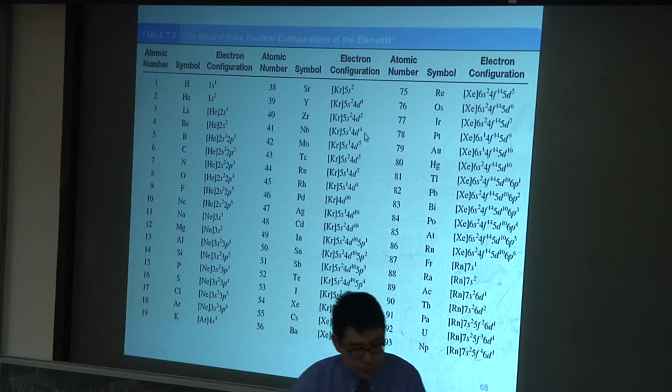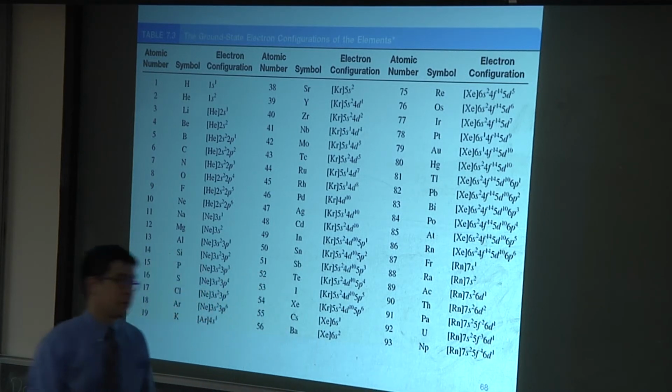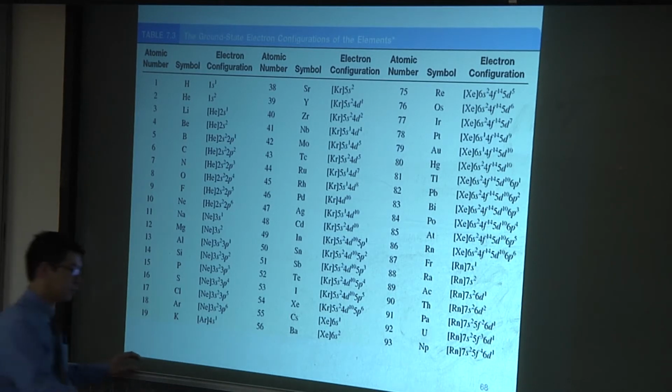Then notice what happens here. The niobium, Nb, is not 5s2, 4d3. It's actually 5s1, 4d4. Can anybody try to explain why that might be?